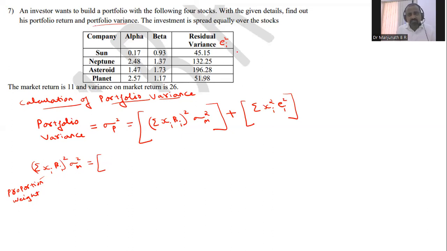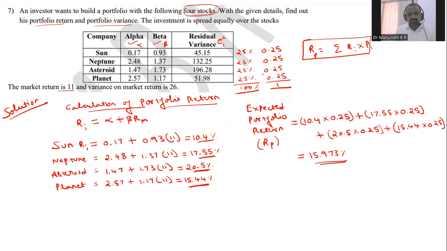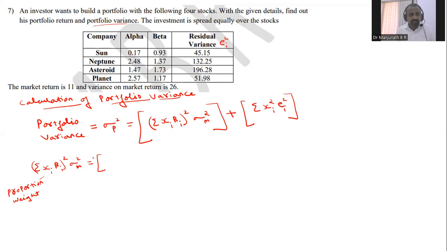Xi happens to be 0.25, which we just discussed, because an investor wants to build a portfolio on these four securities. Therefore, 0.25 happens to be the weight. Now, 0.25 for the first security is multiplied with beta i. Let's say Sun as the first company. So I'm writing the weight of Sun, that is 0.25, and the beta of Sun company is 0.93.